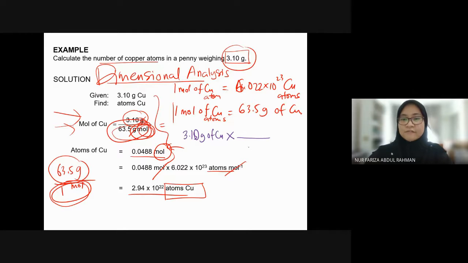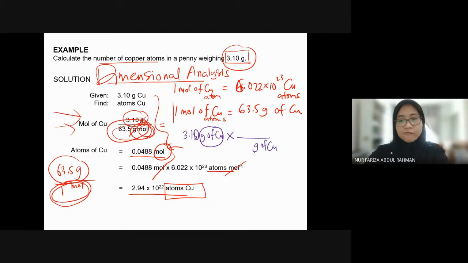This is the conversion factor that I have mentioned just now. The hint or the tip is to make sure that the unit at the denominator here should be the same as what we have here. So the value has gram of copper as the unit, so at the bottom, the denominator should have the same unit, gram of copper.